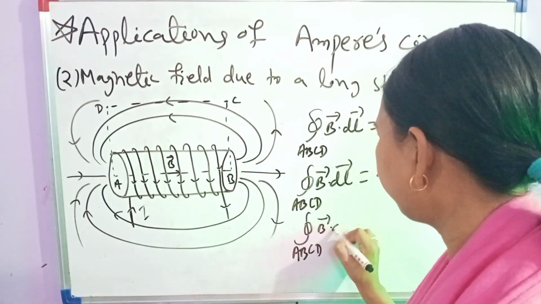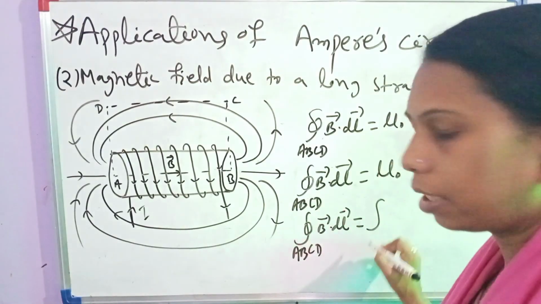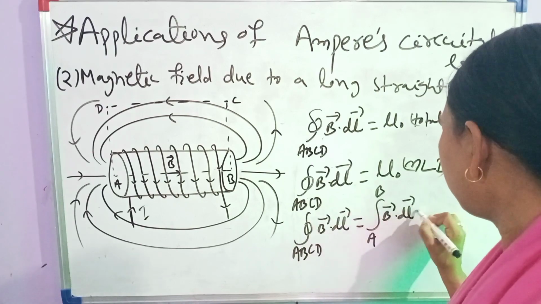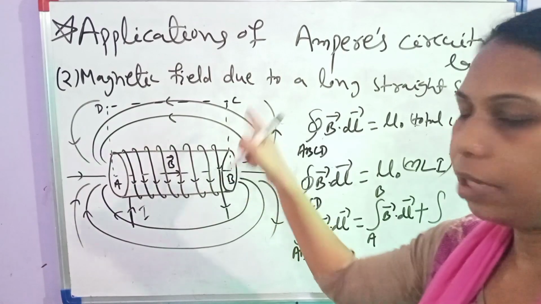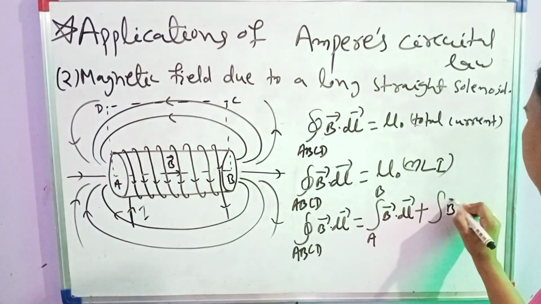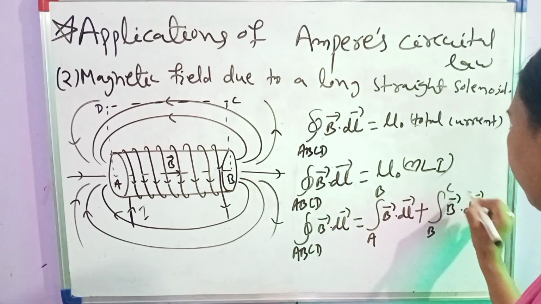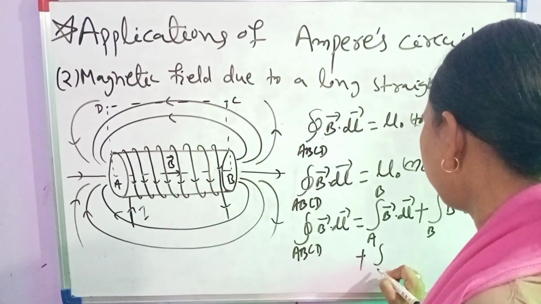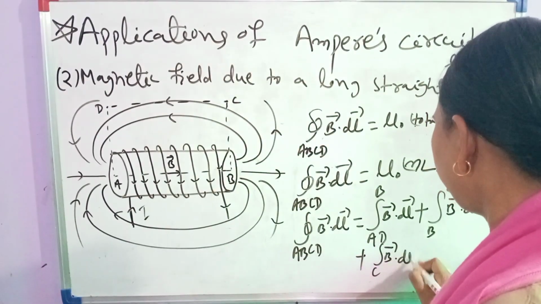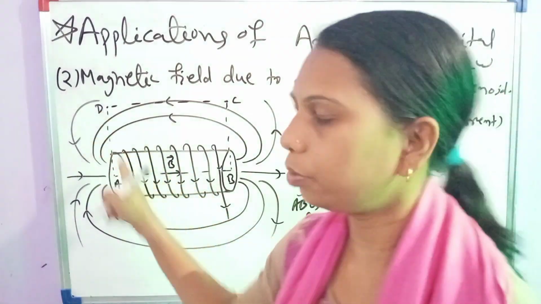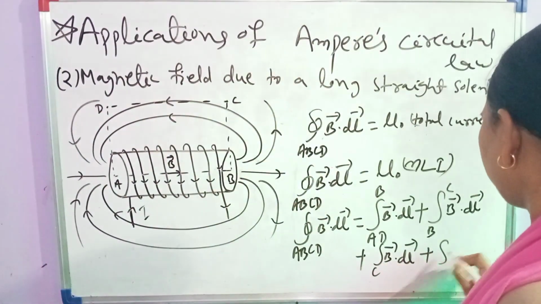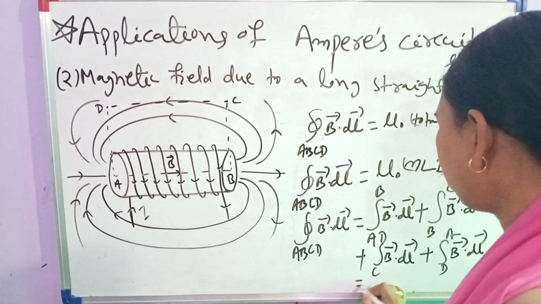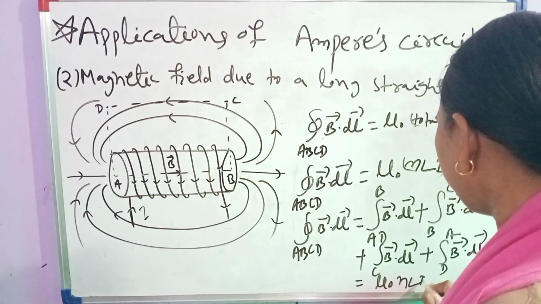Integral over ABCD of B dot dl equals integration from A to B of B dot dl, plus integration from B to C of B dot dl, plus integration from C to D of B dot dl, plus integration from D to A of B dot dl, equals mu naught nLI.